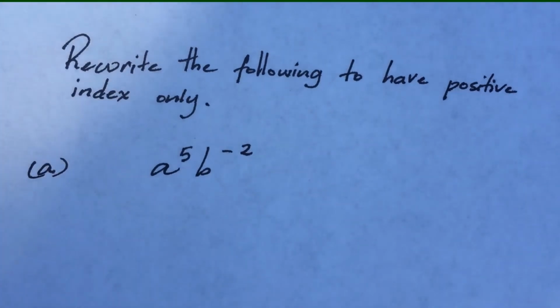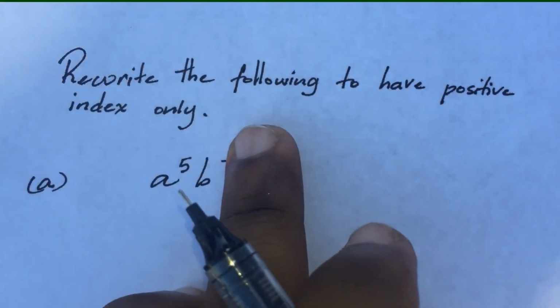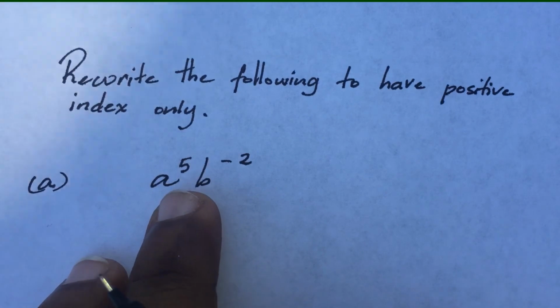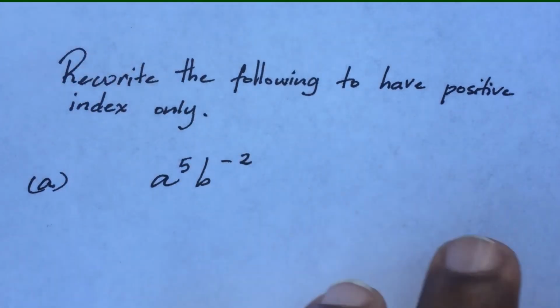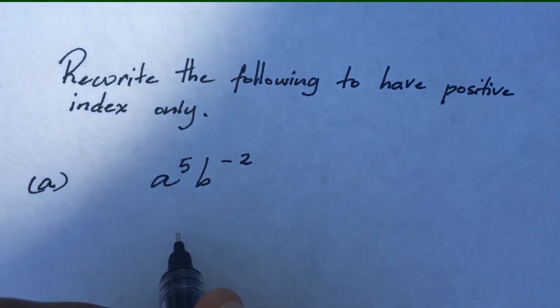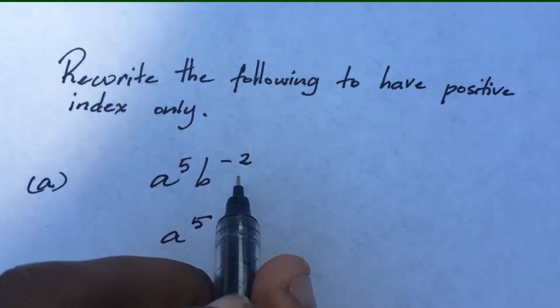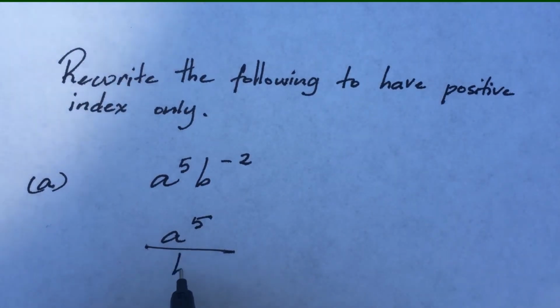Now here we have some trick questions. It says to rewrite the following to have positive indices only. A. So when you look, you have a to the 5th and b to the negative 2. Now I can rewrite this as a to the 5th. Remember now, with the negative index, the base crosses the line and the index becomes the opposite.